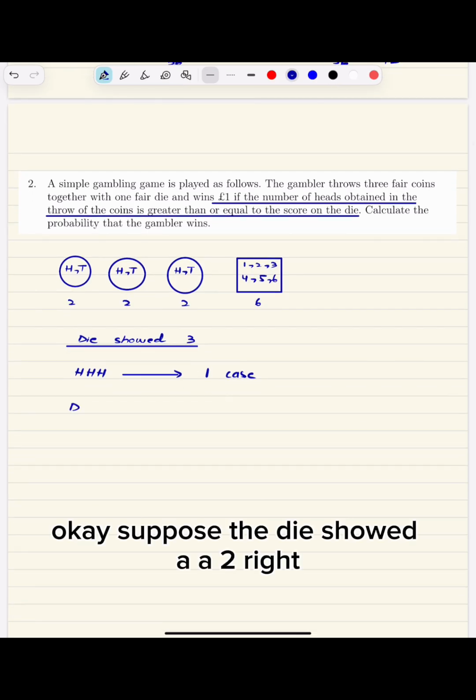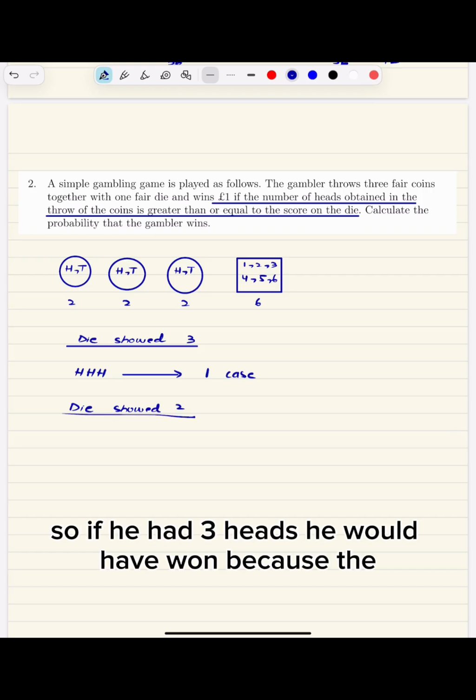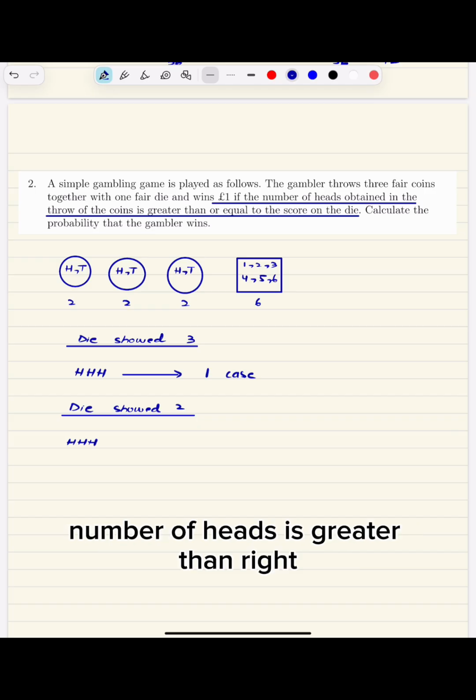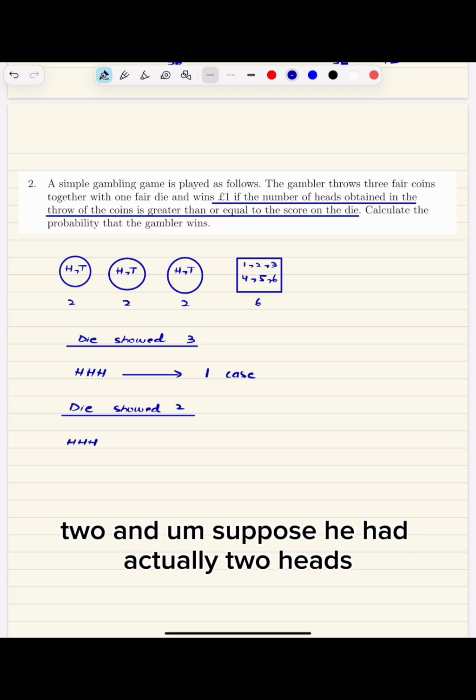Okay, suppose the die showed a 2. If he had 3 heads, he would have won because the number of heads is greater than or equal to 2. And suppose he had actually 2 heads.